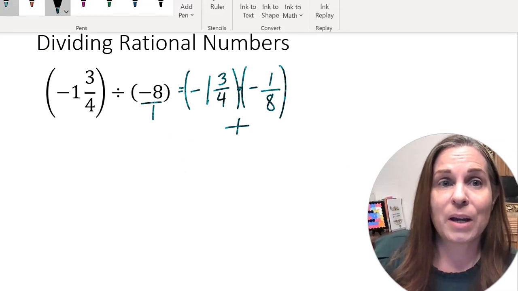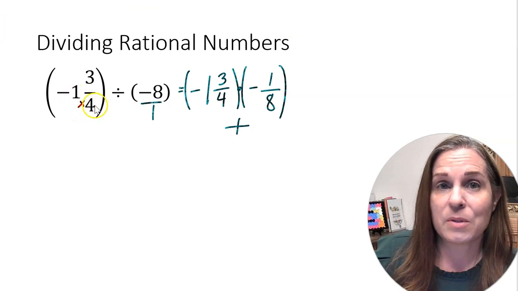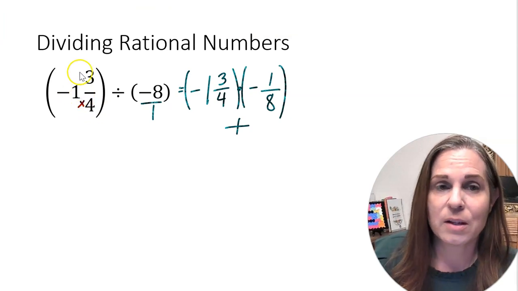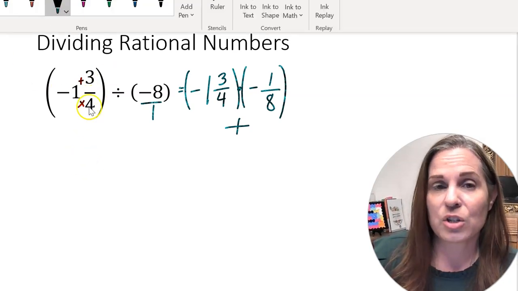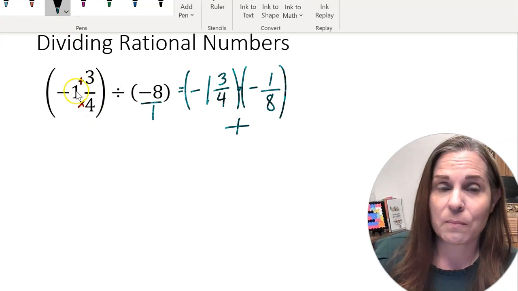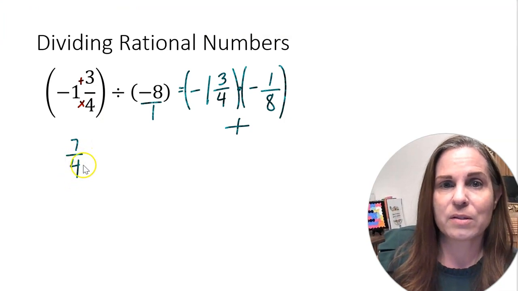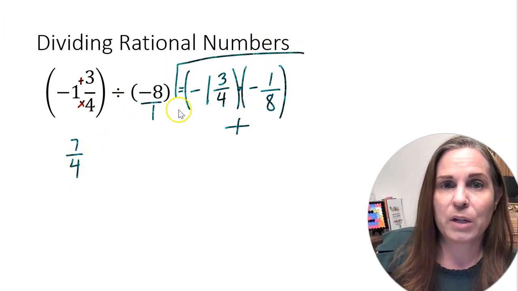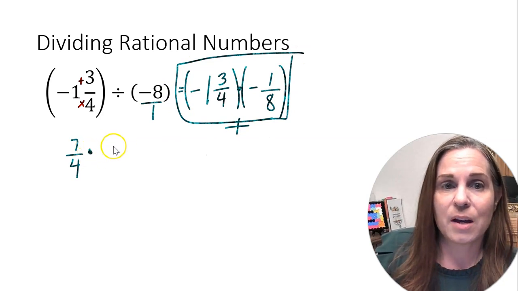If you don't remember how to do that, we multiply the bottom times the number out in front, and then we add the numerator, right? So if I convert 1 3/4 to a fraction, 4 times 1 is 4, plus 3 is 7. This becomes 7/4. And now remember, my problem over here, I'm multiplying, right? So 7/4 times 1/8.